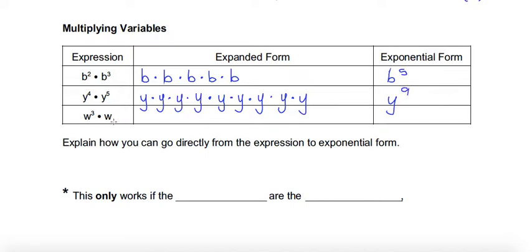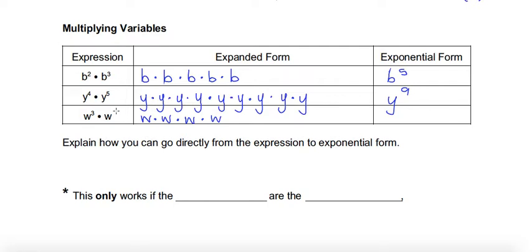And the last expression that we're going to look at is w to the power of 3 times w. So I'm going to write my w to the power of 3 in expanded form. That's w being multiplied by itself 3 times, and I'm multiplying that by w. You'll notice when it's just w, there's nothing written here.